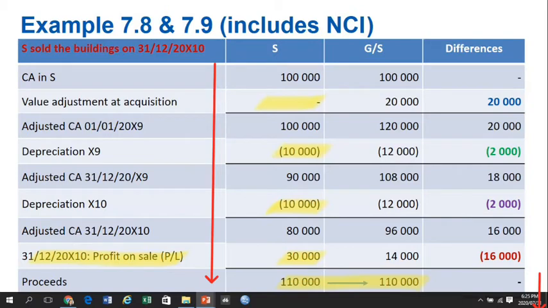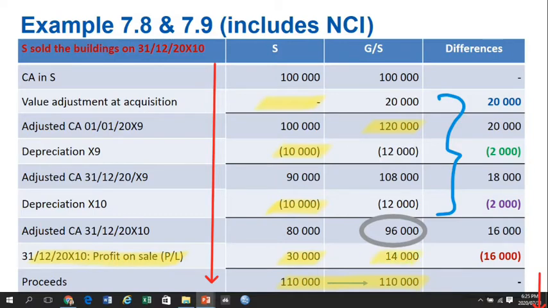In the group, the asset was value adjusted to 120,000 Rand, and consequently we had these differences identified since acquisition date. But because the carrying amount of these buildings in the group was 96,000 Rand, the group can only recognize a profit on sale of 14,000.